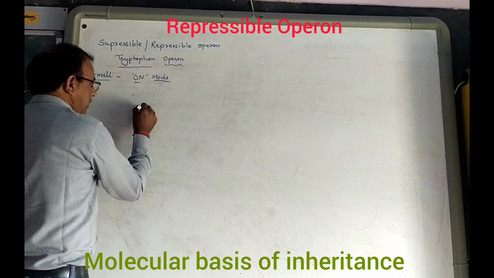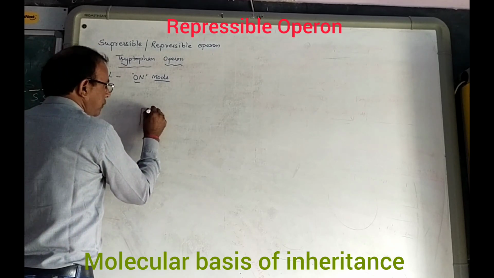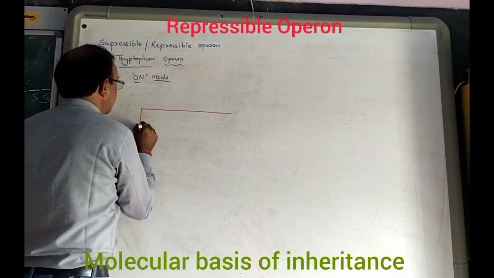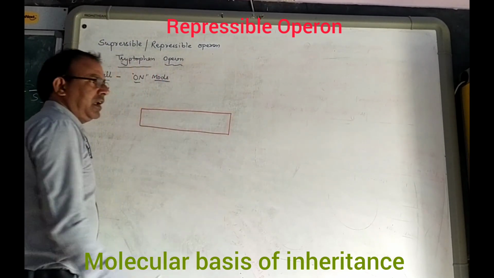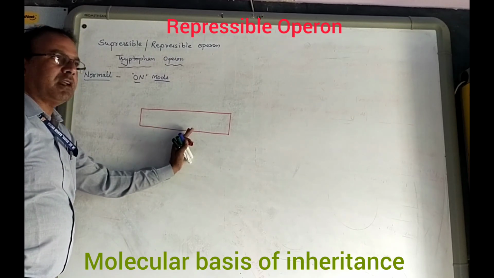We have taken a piece of DNA which contains two parts. One contains the regulatory gene and the other part contains the structural genes.